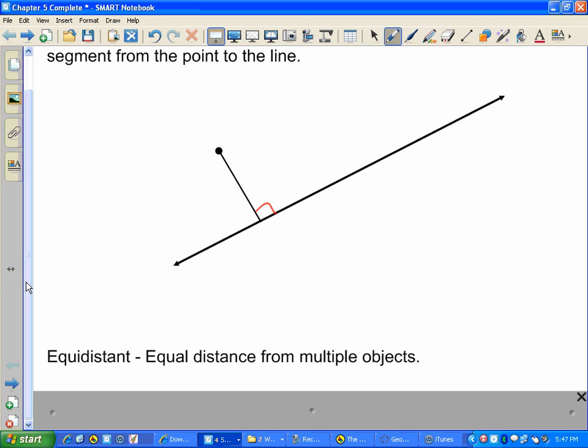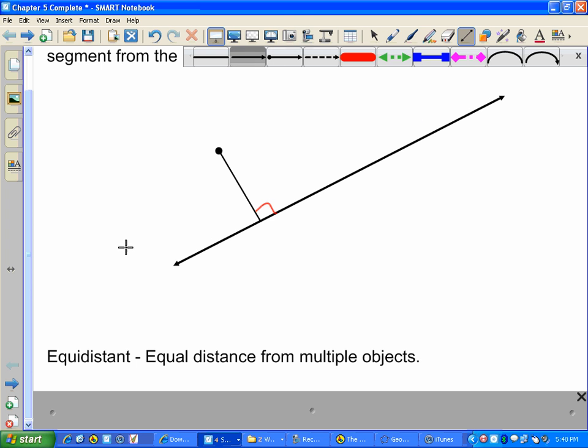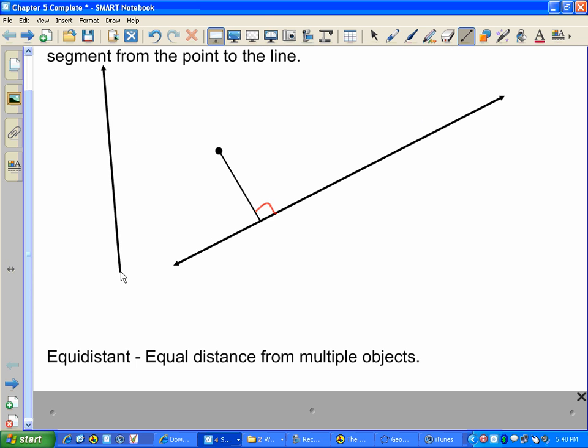The other thing we're going to talk about is equidistant. Equidistance is equal distance from multiple objects. So let's say I wanted a point that was equidistant from this line and this ray.